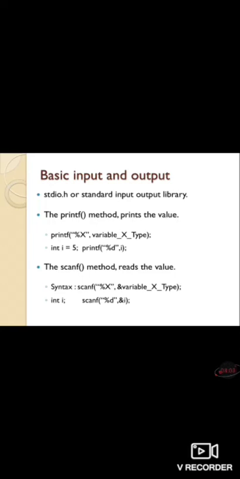For example, int i, we are just declaring a variable with the name i and the type integer. If we want to take data from the console screen, we have to use the scanf function, and since we want to assign the user given data in the form of decimal, we have to use %d as a format specifier.